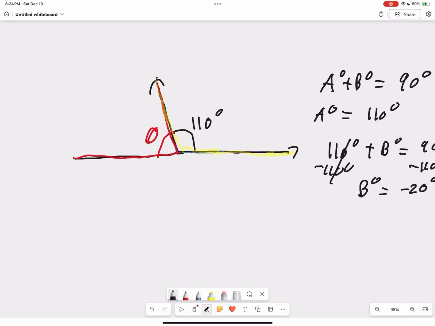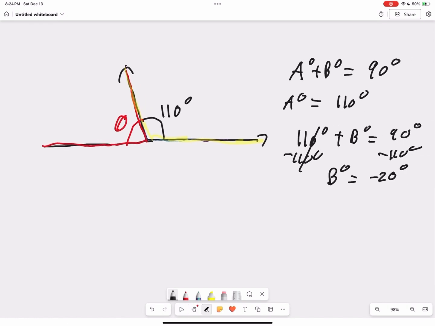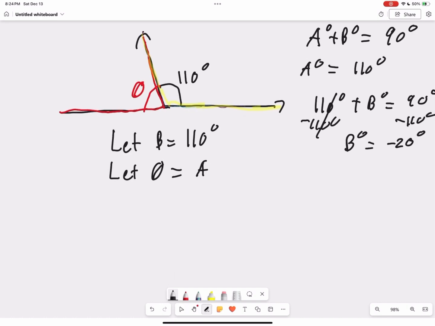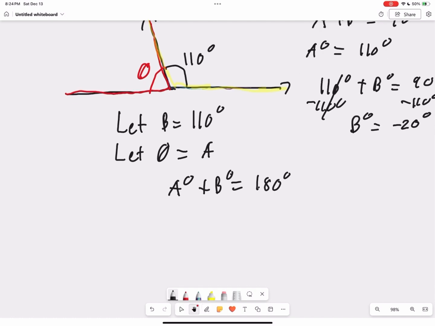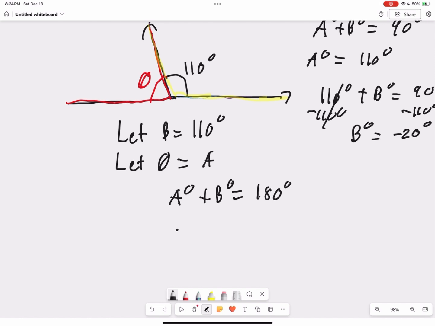So let's let B equal 110 degrees and let theta equal A. Now the formula for finding supplementary angles is angle A plus angle B equals 180 degrees. So let's just go ahead and rearrange like we did before. So it's theta plus 110 equals 180 degrees.